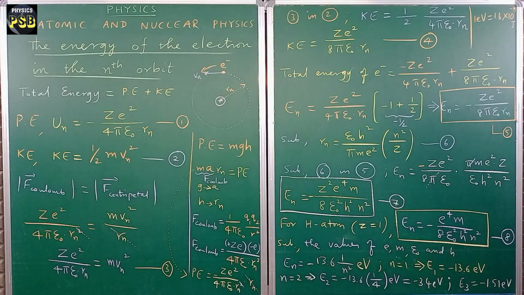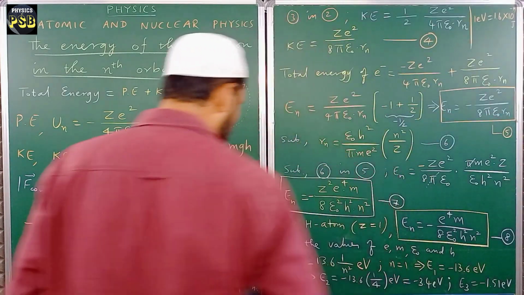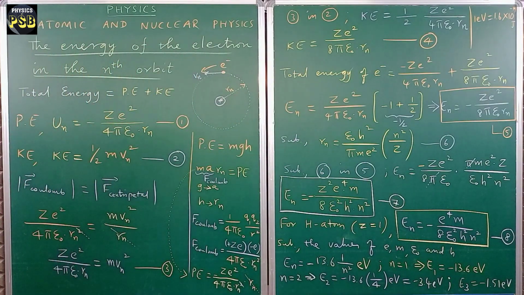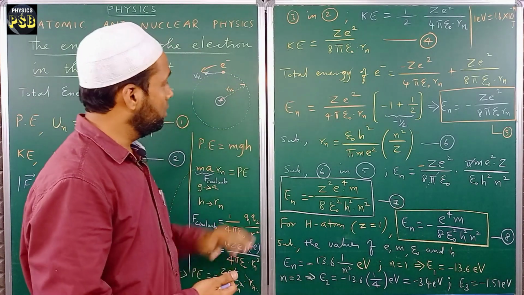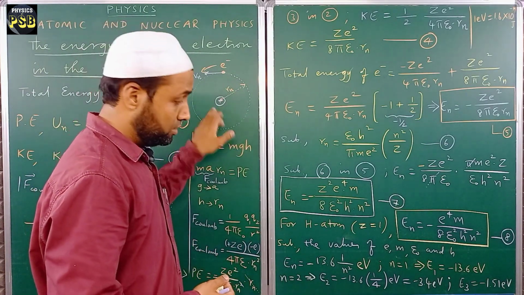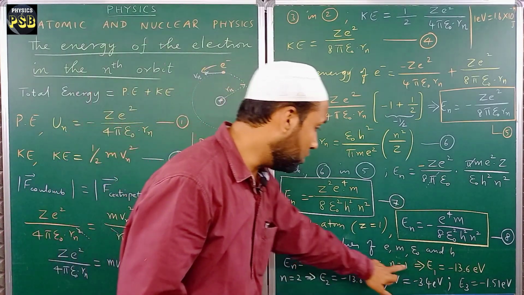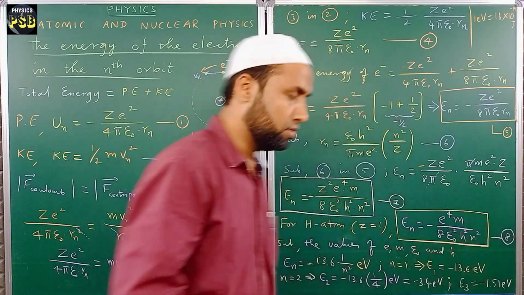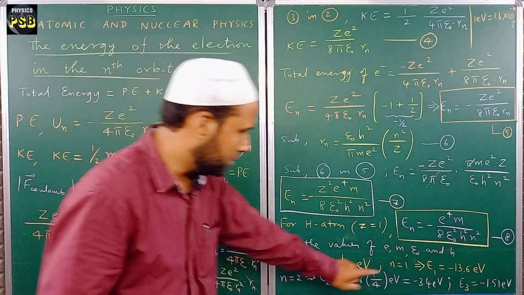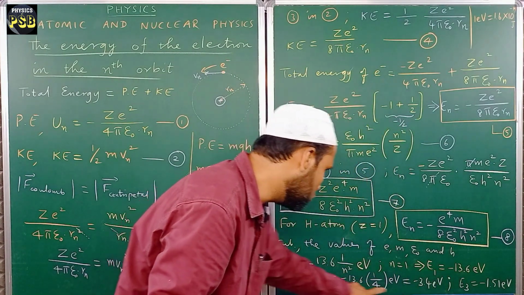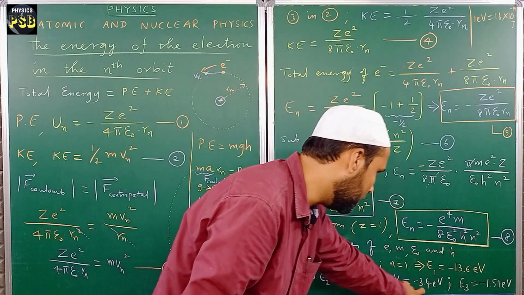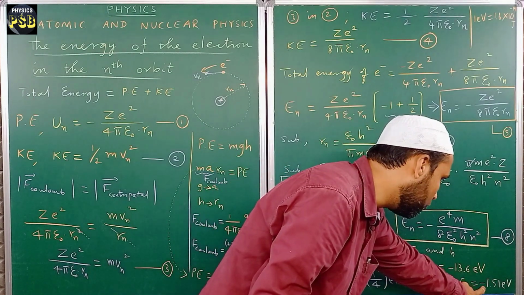If you observe this clearly, you may find that as we go away from the nucleus, the energy of the electron increases. From the numbers, earlier it was minus 13.6, then it has changed to minus 3.4, then minus 1.51.